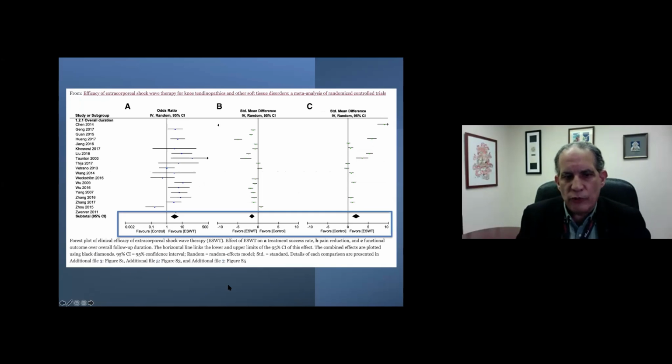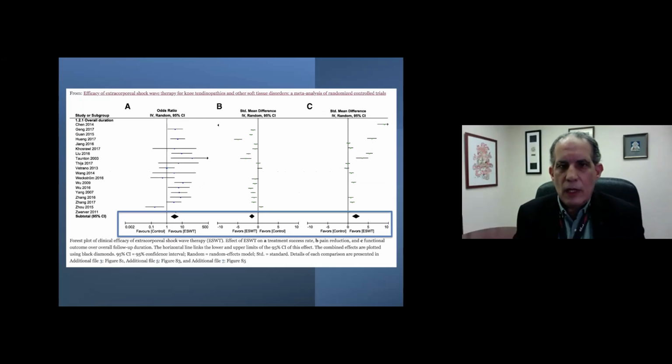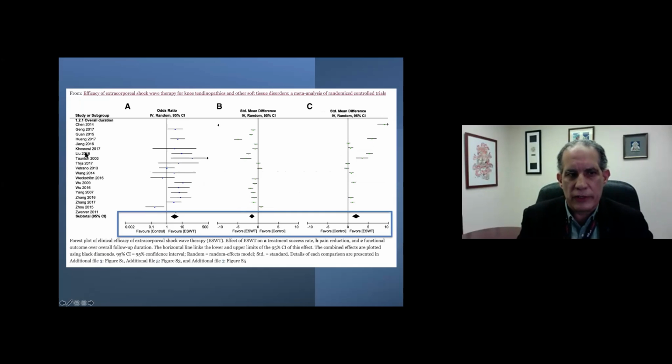So back to shockwave therapy, we have here essentially the results of several papers. Let me explain the slide carefully. These are all of the studies that they looked at, all of the randomized clinical trials. And here we have the outcome for overall treatment success rate, pain reduction, and functional outcome.